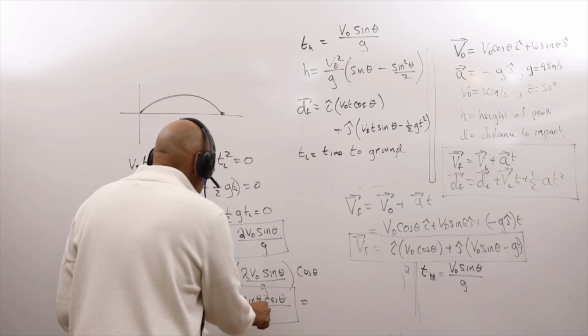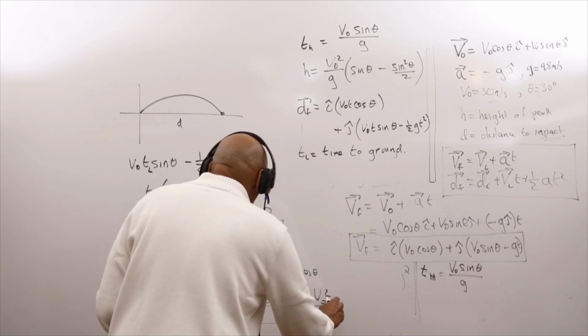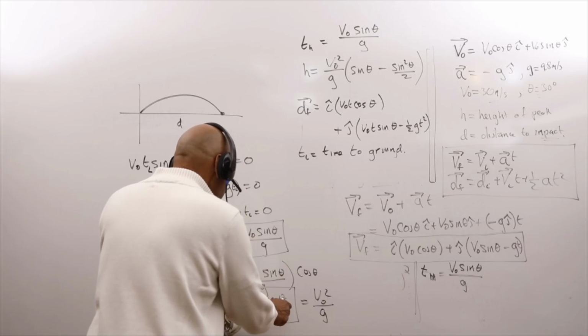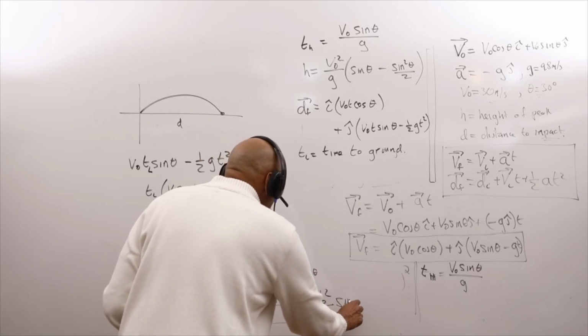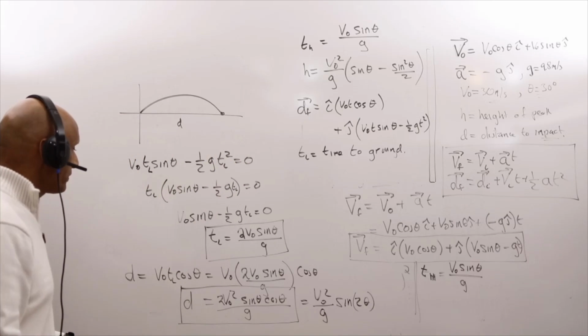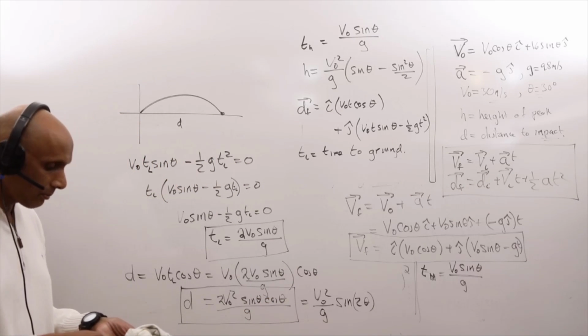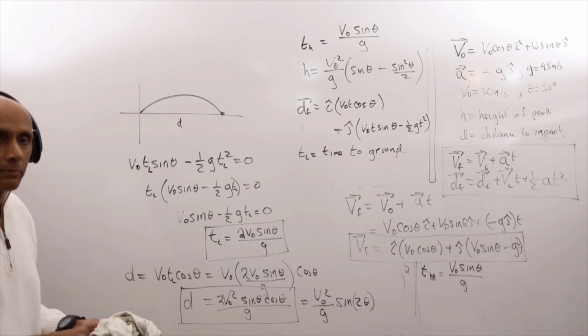We could write this in terms of V0 squared, and this is not necessary. If you happen to remember it, that's nice, but if you don't, it's fine too. So 2 sine theta cosine theta is equal to sine of 2 theta. You might remember it from your math classes, you might not, but that's not important.